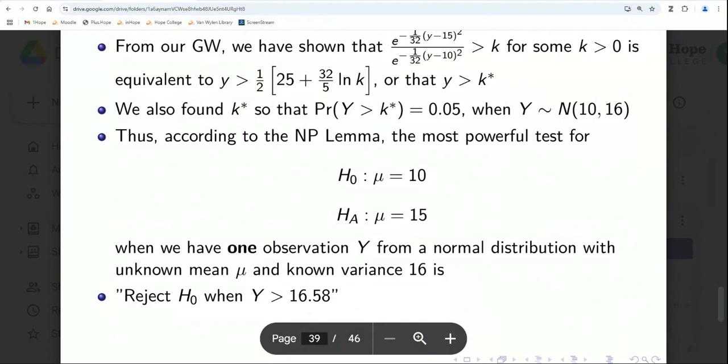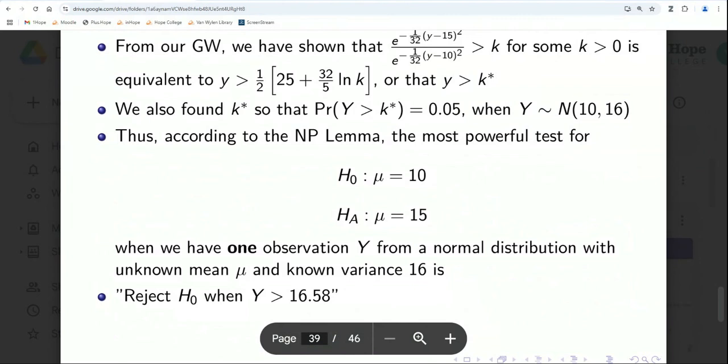Why is this test so bad? Because this test is just based on one observation. Now, one thing we talked about last week was, does this test even make sense? You are trying to test this versus this. It just says if my y is more than 16.58, I will reject the null. Which makes sense. Your y is quite far from 10, so I should reject the null.